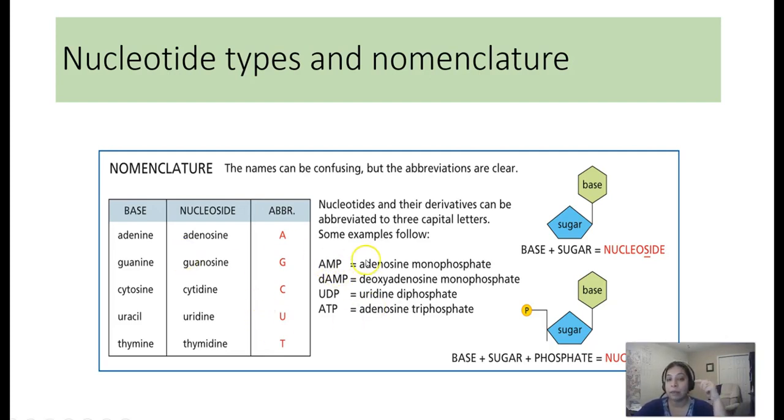So AMP would be adenosine monophosphate. ATP, something we all know about a lot, which is our basic currency in our cell, the energy packets, is adenosine triphosphate. So be clear on the nomenclature as we move forward so that you can identify when we're talking about the base versus nucleoside or nucleotide.